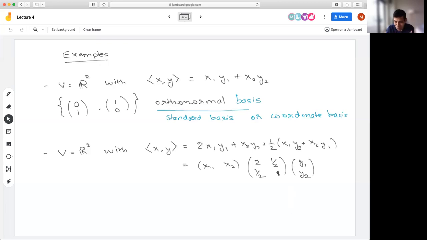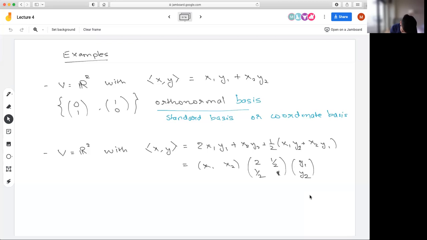You can try yes or no, type in the chat or speak up. Should be no, right? So these vectors are not quite orthogonal.